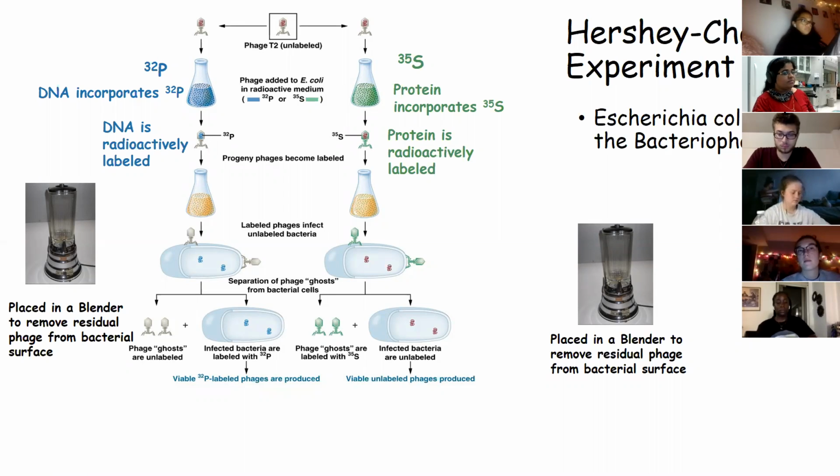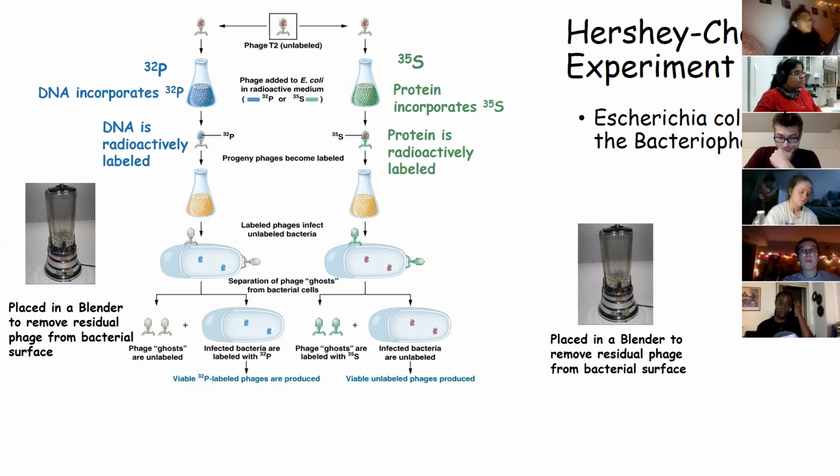Are we okay? So what was blended that made the difference? Like, you know how one has the radioactive and one doesn't? What made the difference? What did they blend differently? Or was it determined because of the phosphorus?